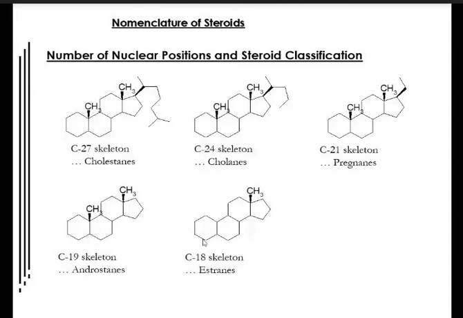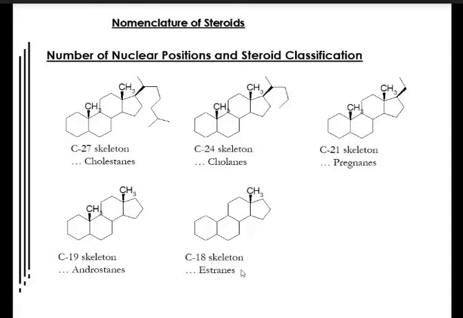That is 27 carbon atoms, 24, 21, 19, and 18.